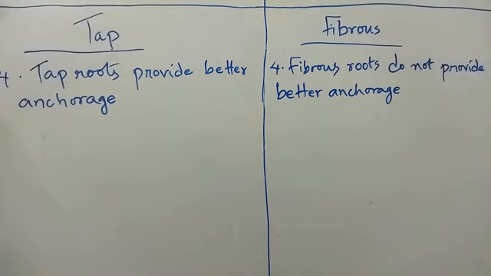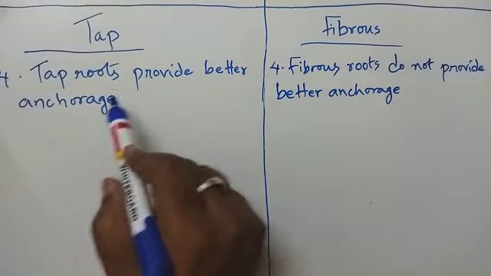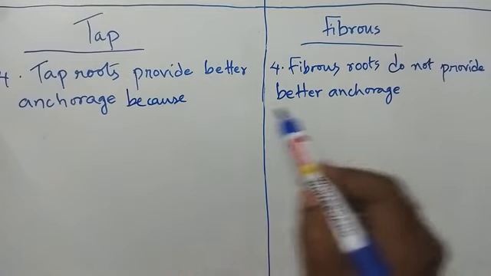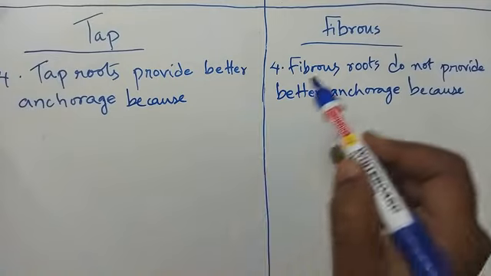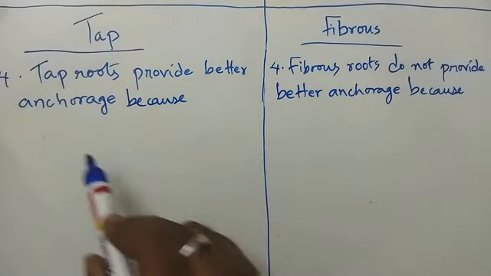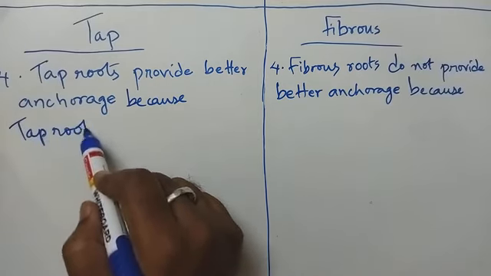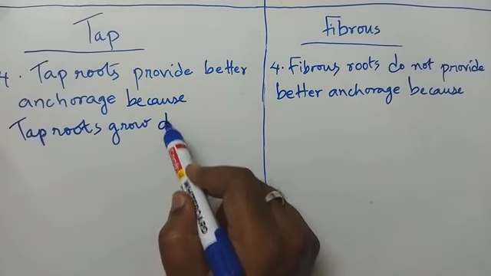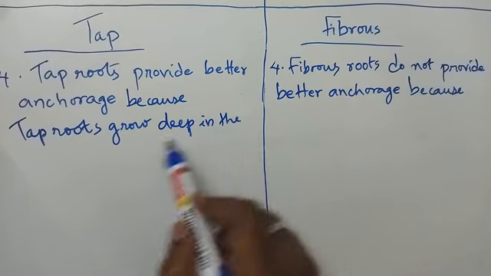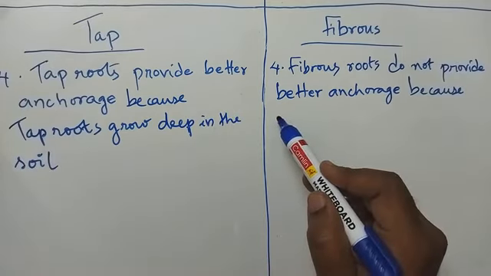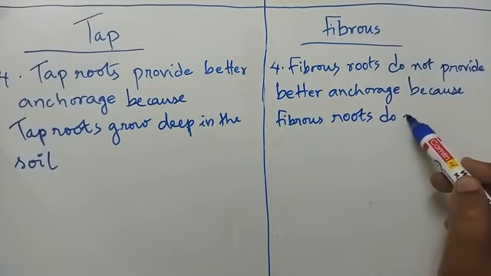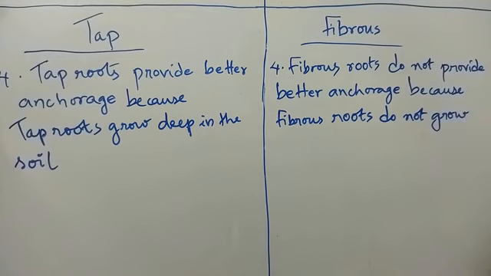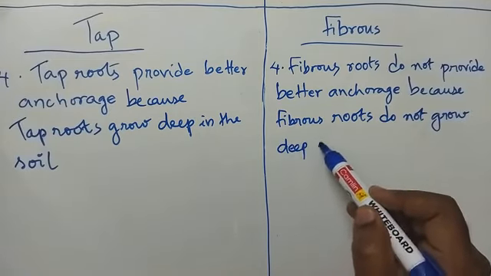Because tap roots grow deep in the soil, whereas fibrous roots do not grow deep in the soil. That is the reason.